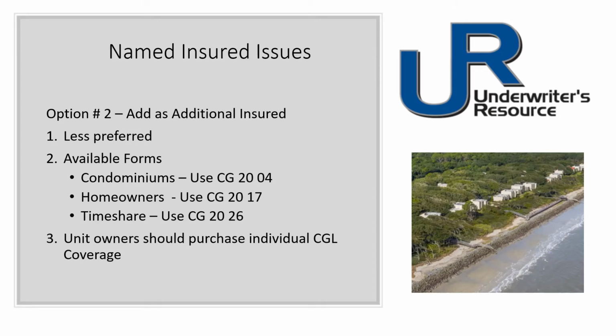Or if it's a timeshare, you would probably have to use the catch-all, which is CG 2026. But even adding these folks as additional insured, you don't provide the appropriate coverage that those owners would need. Therefore, unit owners should purchase their own individual CGL coverage.